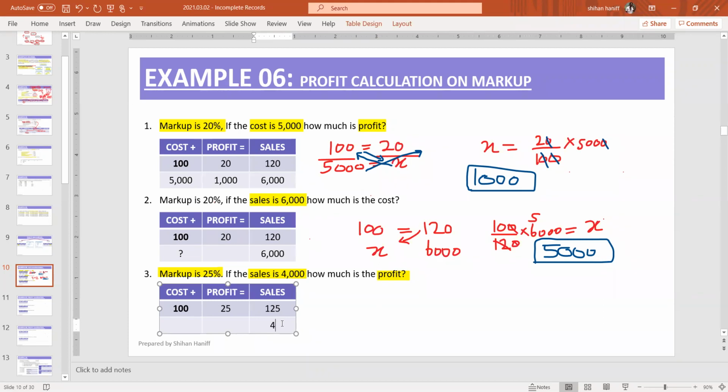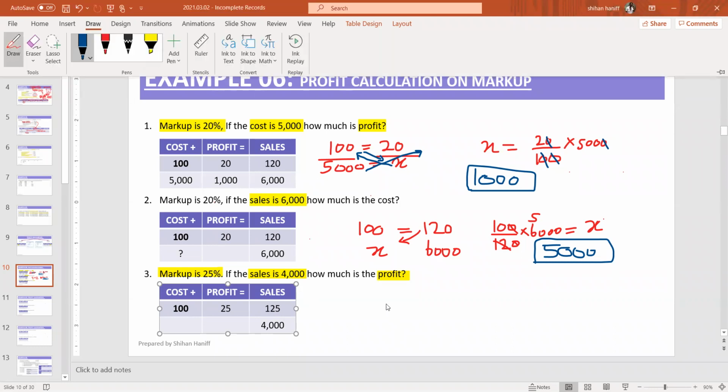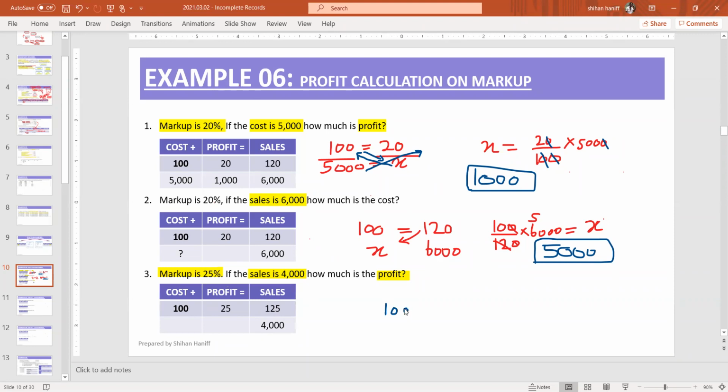Then if the sales is 4,000, what is the profit? Okay, now you can solve this equation. 100 means 125. So I explained it.